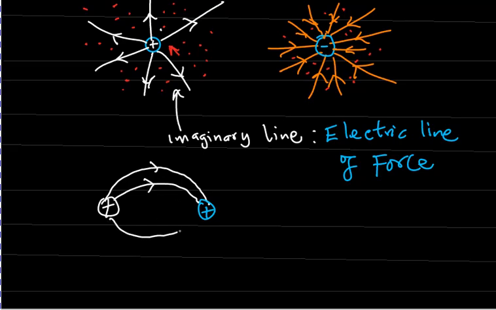So this is how you draw it. Don't forget that. The arrow is always from the positive to the negative. One of them is negative, so let me correct that. So this is the negative charge.